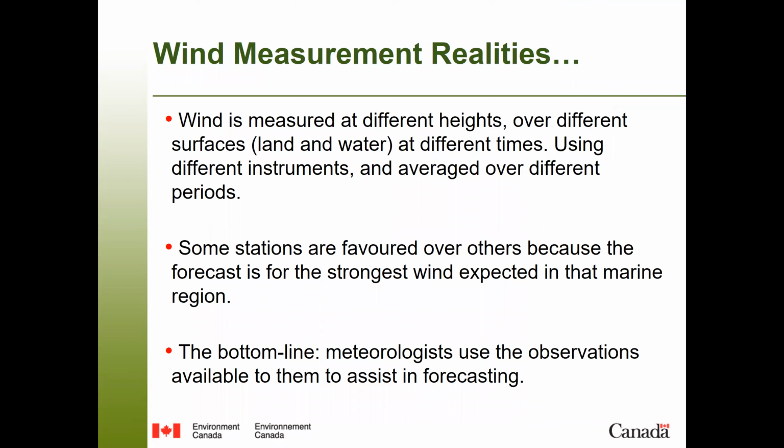Just to take a step back, in summary, wind is measured at different heights, so keep that in mind. Depending on where the station is, a particular station might be blocked by the terrain and may be exposed to another direction. One station that's usually pretty good for this is up in Johnstone Strait, Fanny Island, and it is exposed particularly to northwesterlies, but for southeasterlies, it's a little bit sheltered.